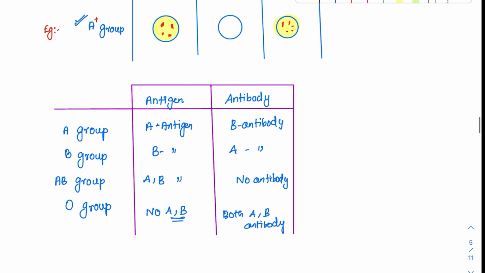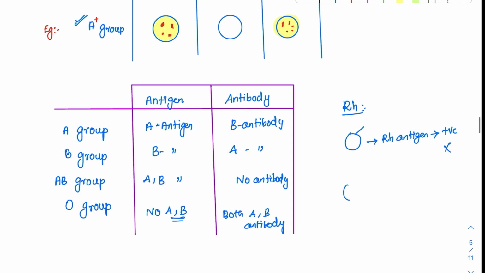And coming to the RH system, it has one little change. If the person has RH antigen, the person is called positive. Will this person have an antibody against it? Obviously, he will not. But the vice versa is not true.